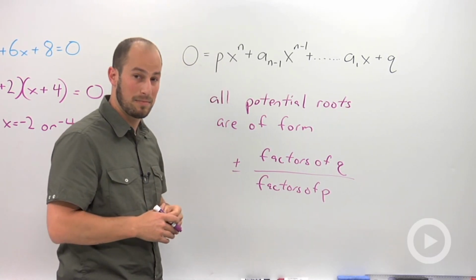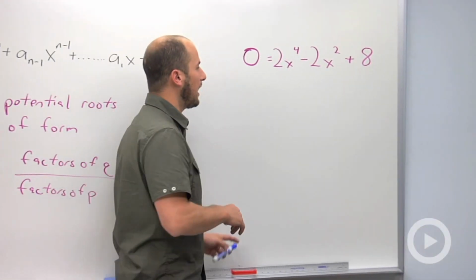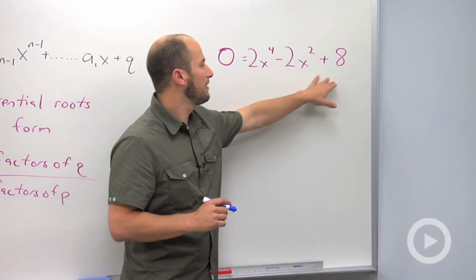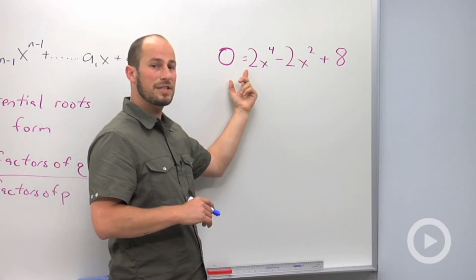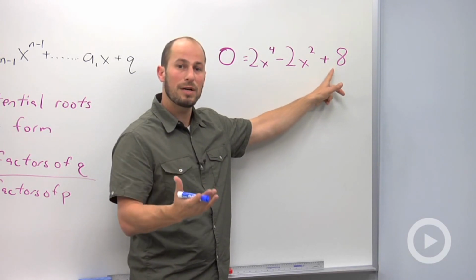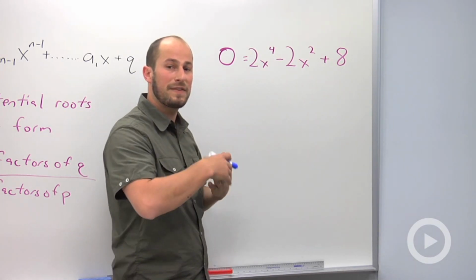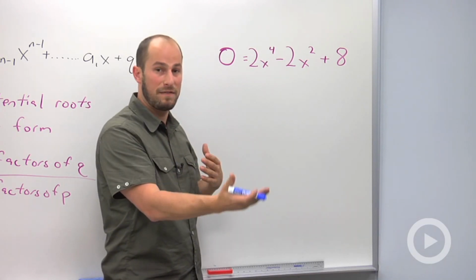Okay, so that's the theorem in letters. Let's take a look at it in numbers. Okay, so moving down. I have a polynomial here. Okay, it's a fourth degree. First coefficient is 2. Last coefficient is 8. So what I'm looking for is the plus or minus factors of the last term over factors of the first term.